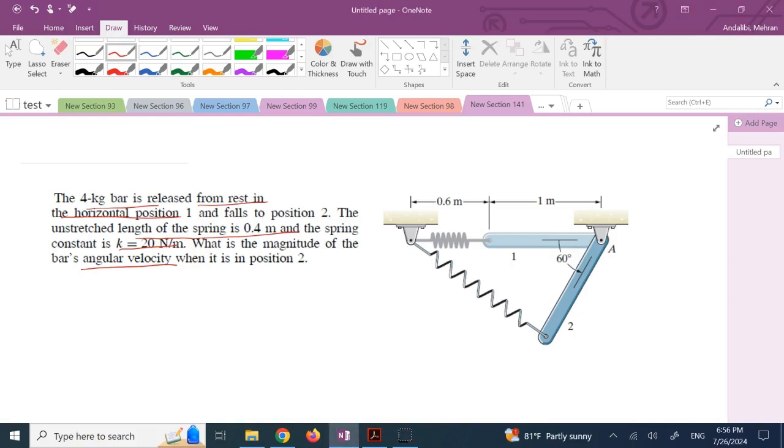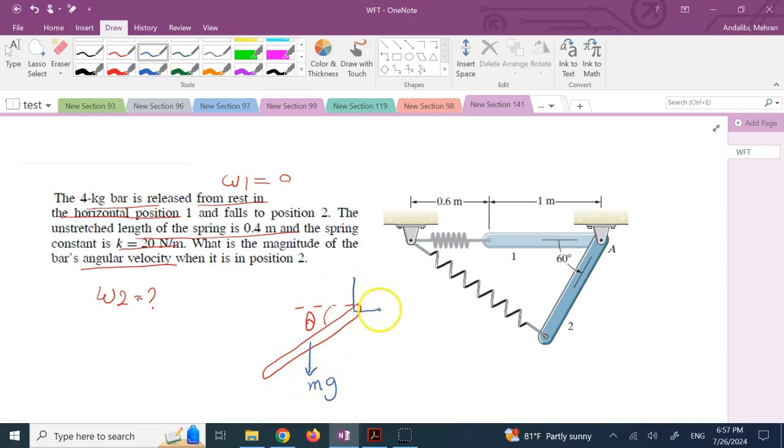So the unknown to be found is omega 2, right? Because omega 1 is 0. So if you draw the free body diagram of the pendulum at arbitrary angle theta here, there are 3 forces acting on it. There is this mg, and there is Ax and Ay. And of course, we're going to use the traditional xy coordinate here.